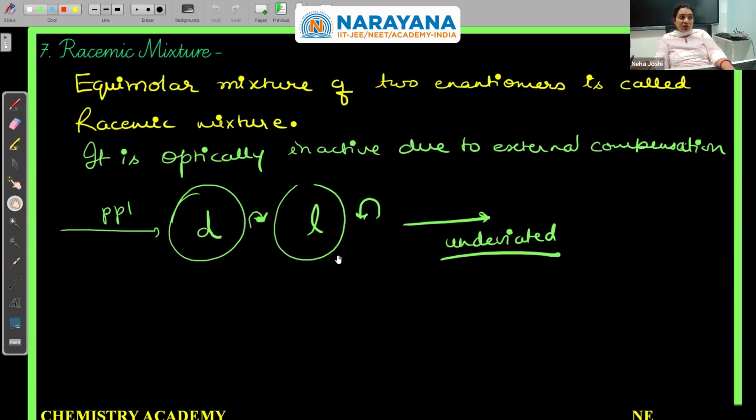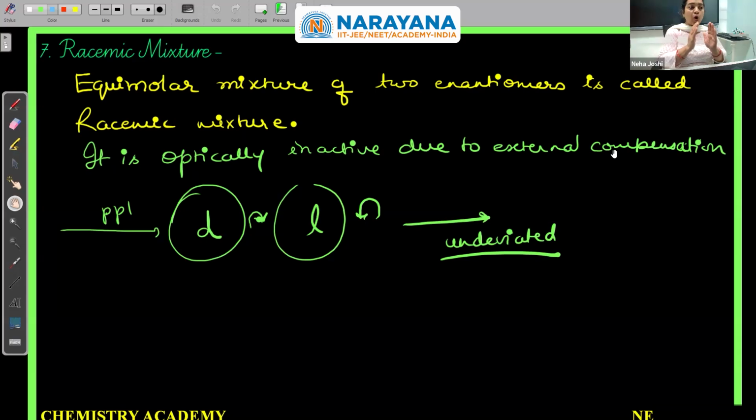Racemic mixture: an equimolar mixture of two enantiomers is called a racemic mixture. It is optically inactive due to external compensation. What do I mean by external compensation? Light passes through one molecule and gets deviated. When it moves out of this molecule, it is deviated. Then there is another molecule on its way which brings it back, and the overall effect becomes undeviated.